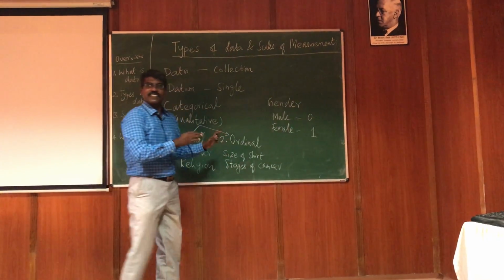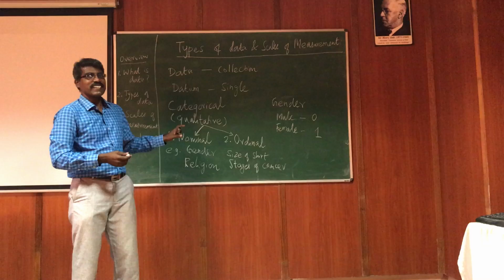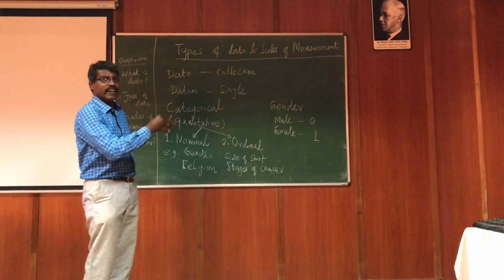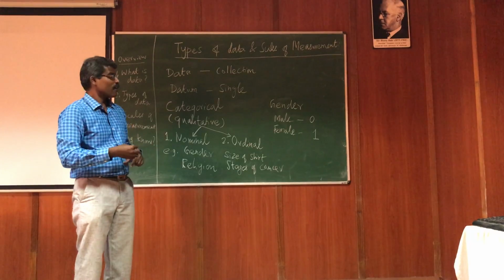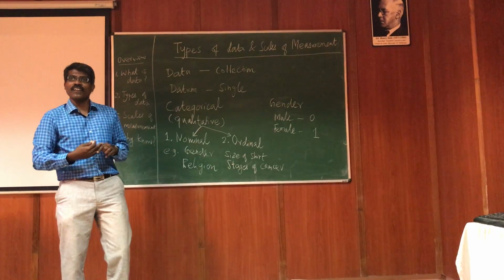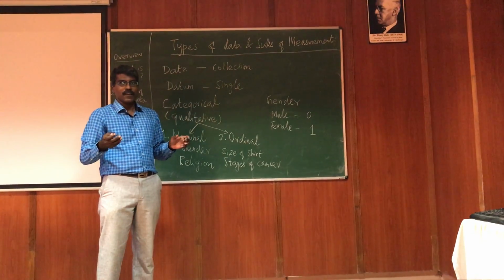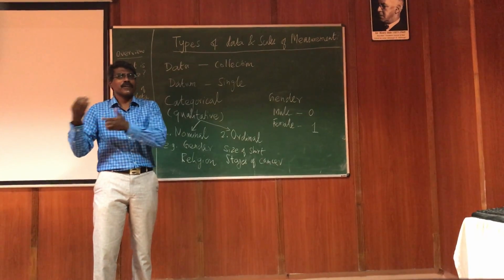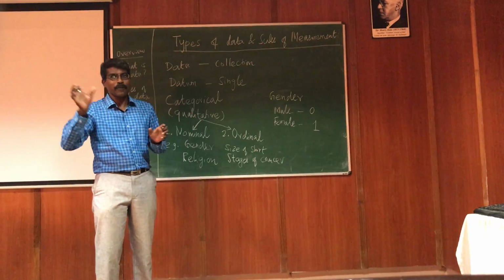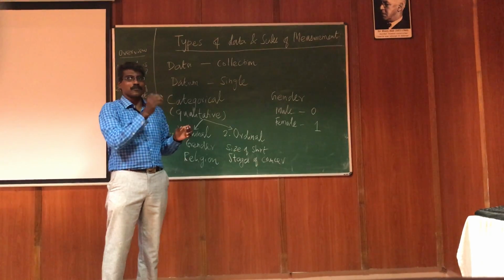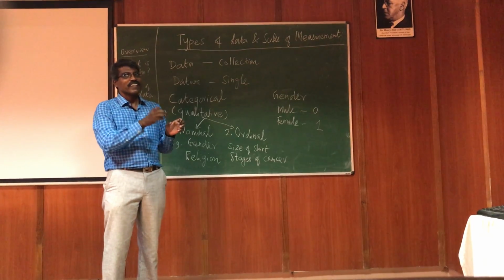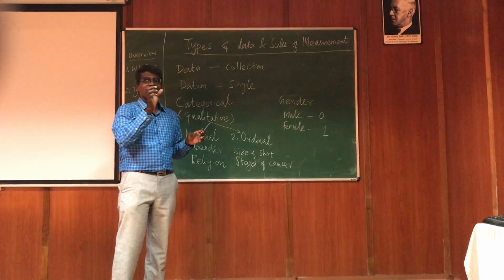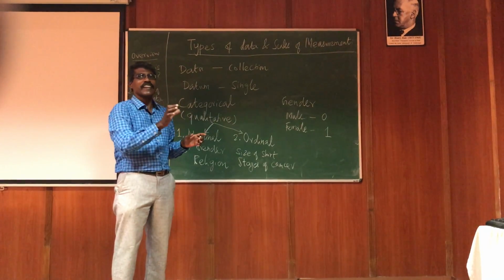Now this does not mean that this data is numerical. I'll just try to explain this with a simple analogy. Let's take a hotel which has a lot of rooms. Room number 109, room number 110, room number 210. Each room is given some numbers, isn't it? It doesn't mean that room number 109 is 1 meter less than room number 110. They are just attributes for the name, that's all.